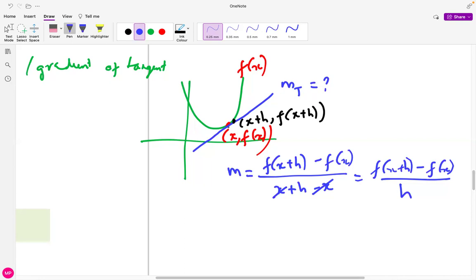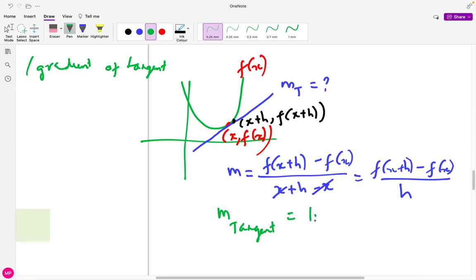The tangent just passes one point, and that point is the red point here, just x. This means that those two points must be very, very close. They must be exactly identical for that to be a tangent, because a tangent can only touch at one point. So the gradient of a tangent happens when h is very small, or you can say h approaching 0.